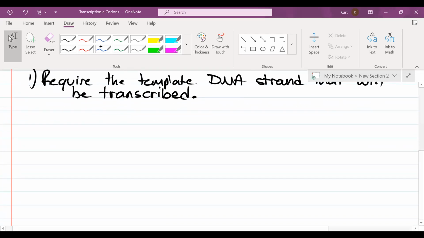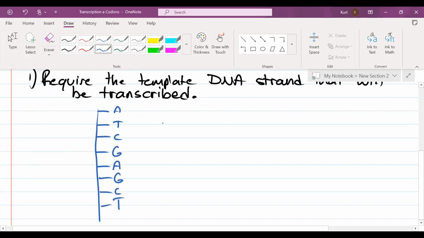So let's do a little drawing here. Mackenzie, if I have the gene sequence ATCGAGCT, what will the complement be for that?